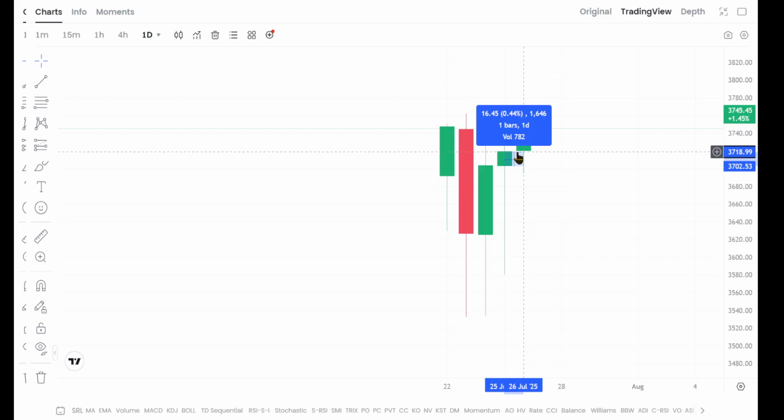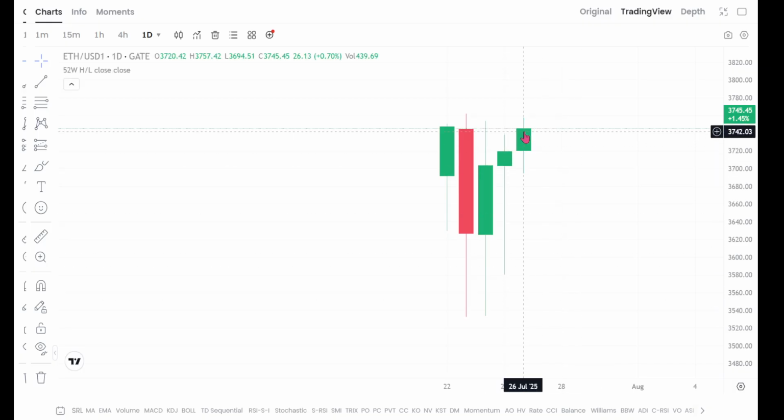It is 0.44%, and 1,646 USD1 was the profit. And in this 1 bar, meaning in this 1 day, 782 Ethereum has been traded.